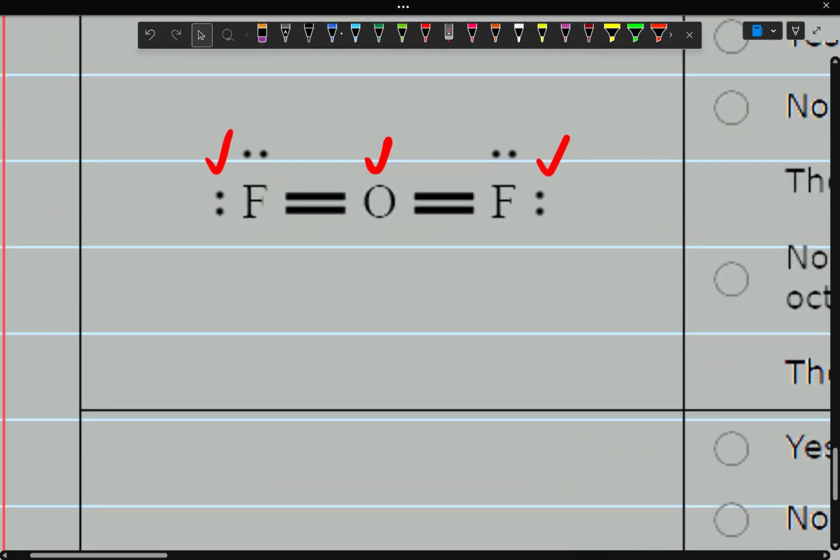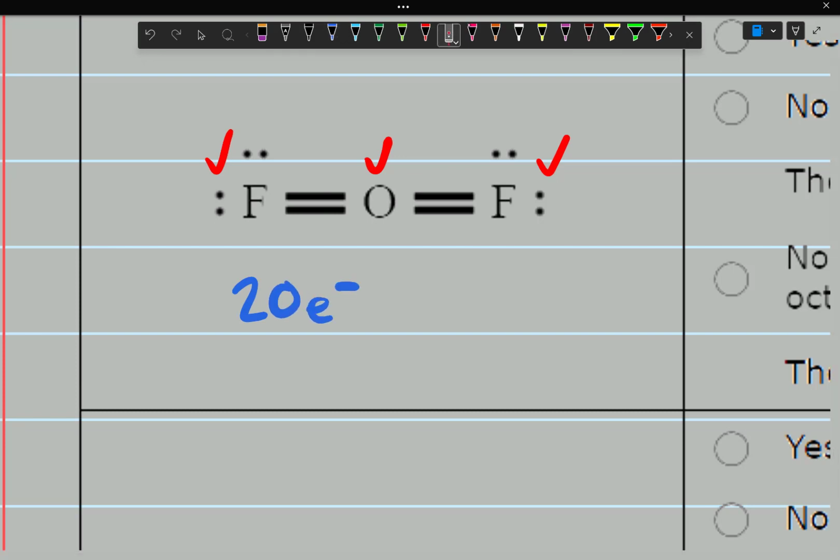So we need 20 valence electrons in this compound. How many do we have? We have 2, 4, 6, 8, 10, 12, 14, 16. That's definitely not right.